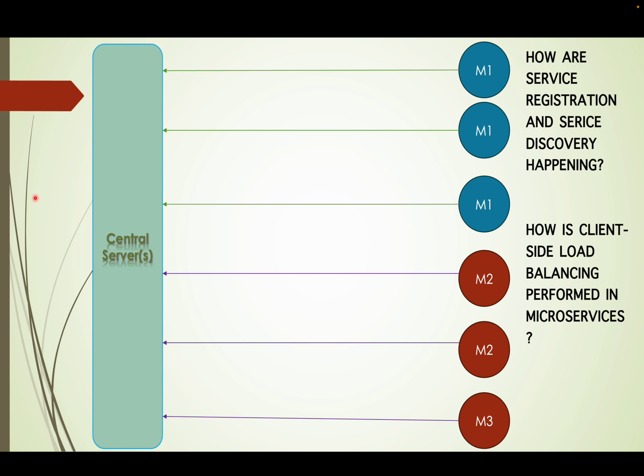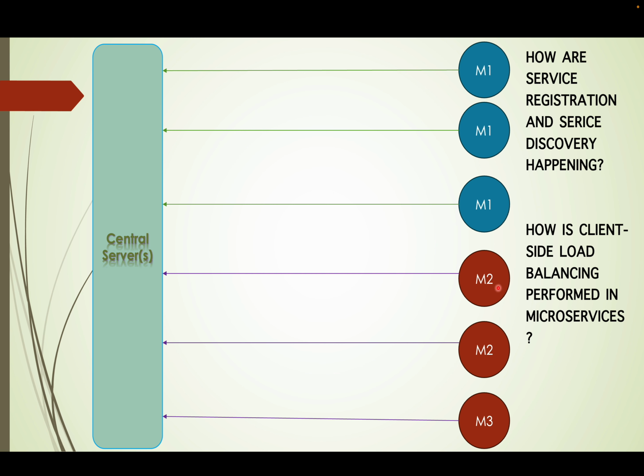C1 will send information about the first instance of microservice M1 to C2, and C2 will send the information of the 2 instances of M1 to C1, and always C1 and C2 will be updated with all the information.